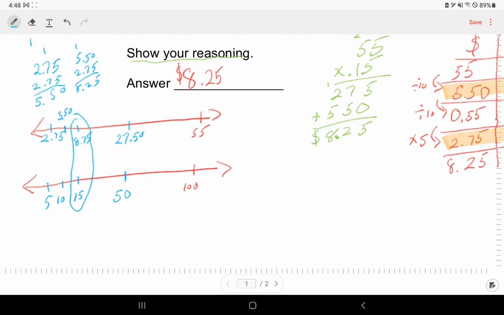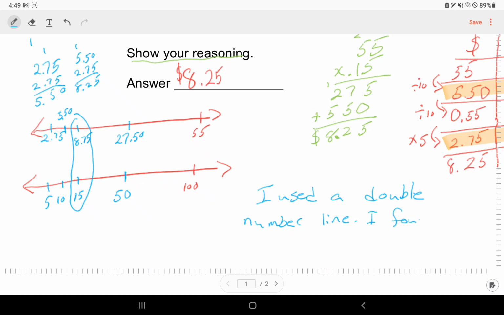And so your explanation, since it's on the computer and you have to actually type in, show your work or explain how you did it, well, depending on which method you did. I used a double number line.